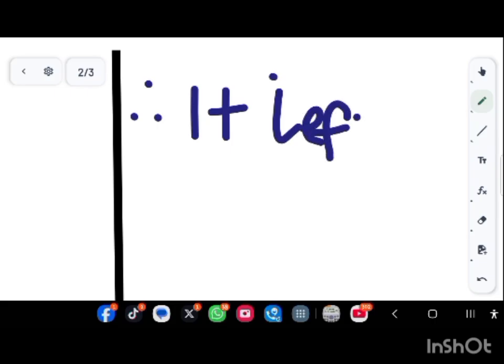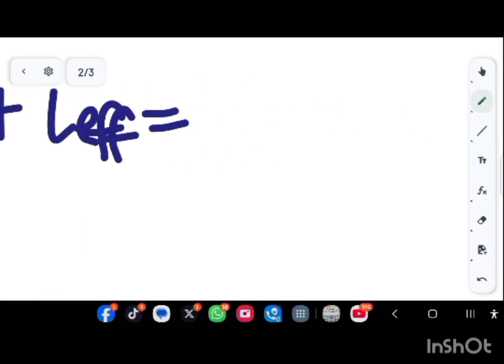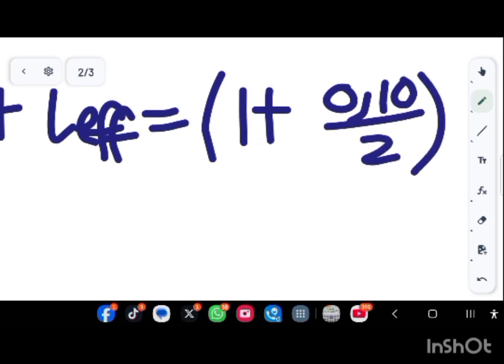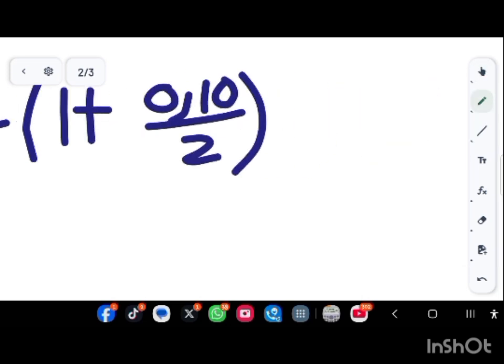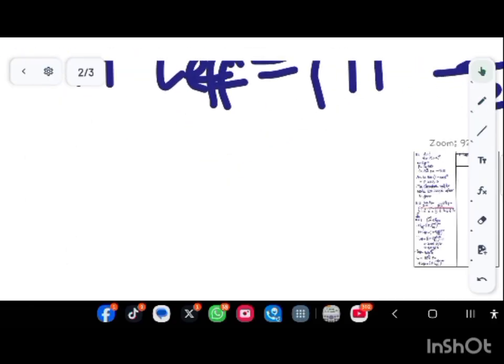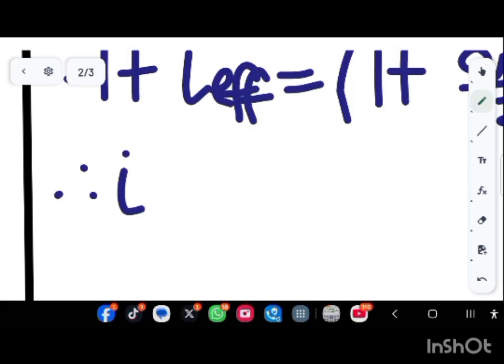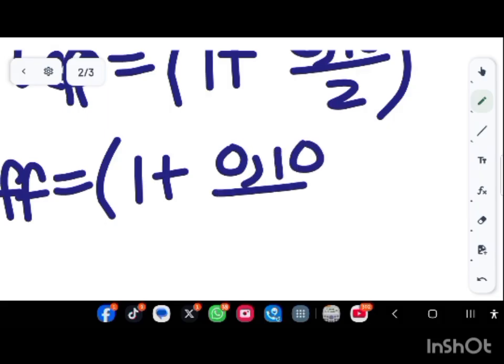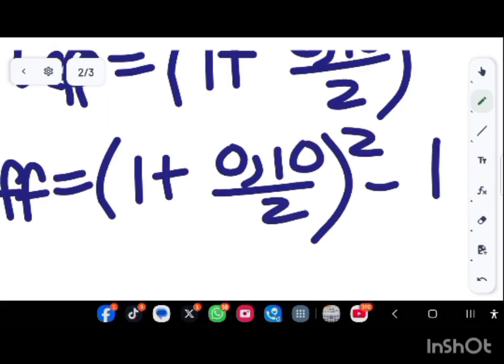Therefore 1 plus I effective equals 1 plus 0.10 over 2 because it's compounded twice a year, raised to the power of 2. Next step, you take that 1 to the right hand side. The effective interest rate will be 1 plus 0.10 over 2, raised to the power of 2, minus 1.